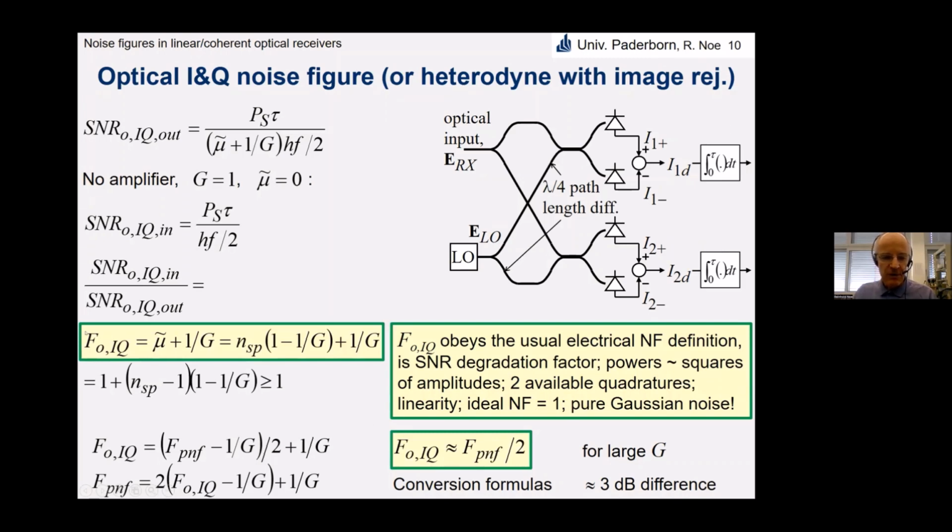We can convert this true noise figure into the previously defined noise figure and vice versa. For large gain, we simply have 3 dB less for the noise figure, or half of it when we consider noise factors. So this needs to be corrected in 10,000 heads who have learned this noise figure.